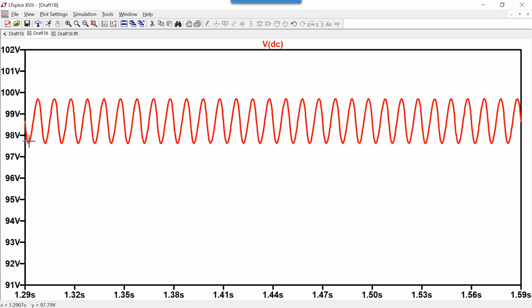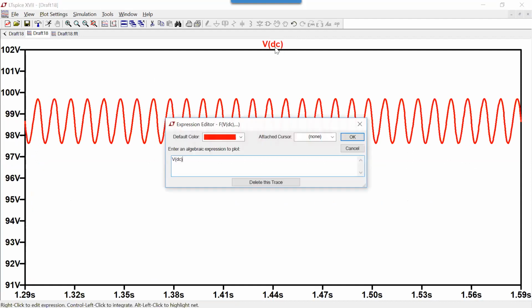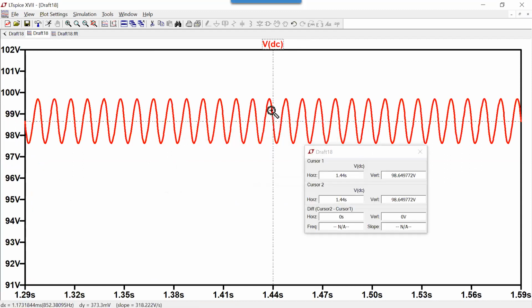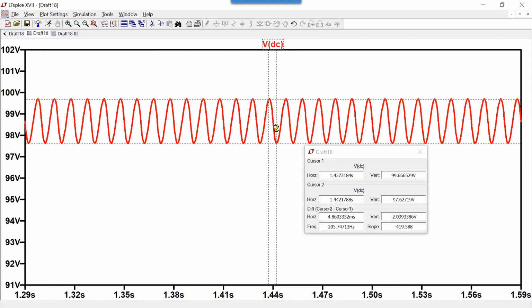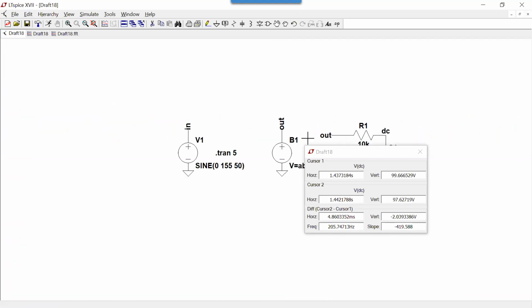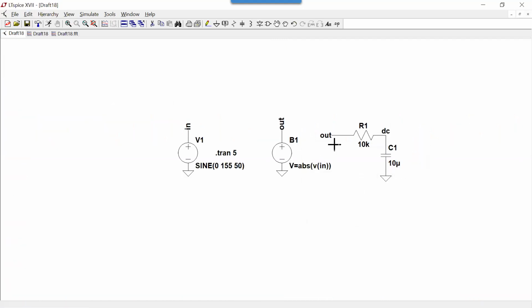And now the ripple, we could just measure it. Ripple is about 2 volts. All right, now that might be acceptable for your application, right?